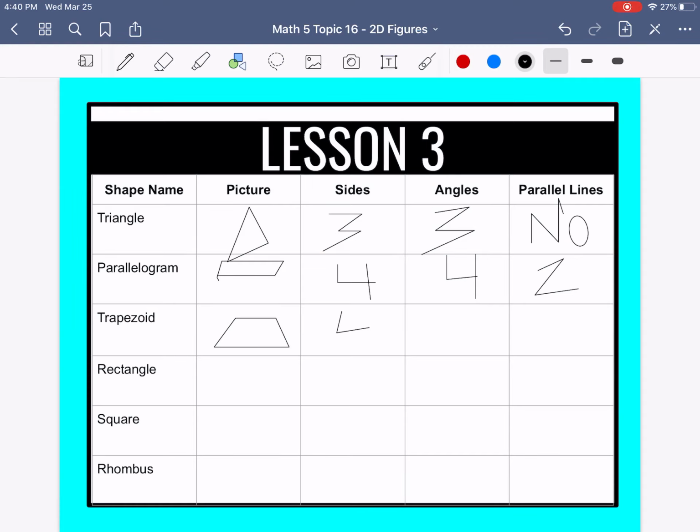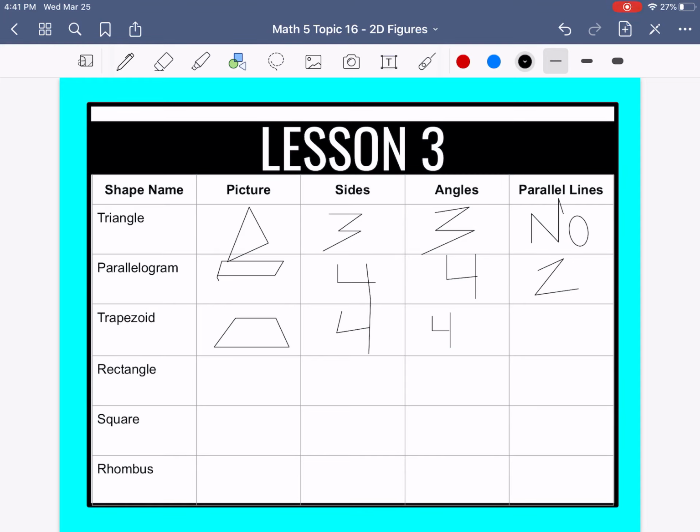Yep, it has 4 because it is also a quadrilateral. How many angles does our trapezoid have? Good. Again, we have 4 angles because it is part of the quadrilateral, has 4 sides, so we put it together, we have 4 angles. How many sets of parallel lines do we have?